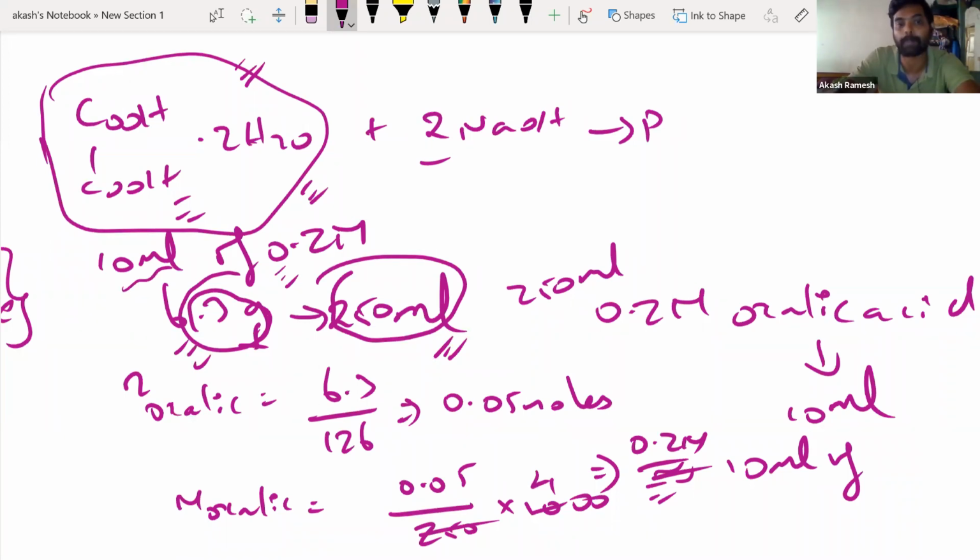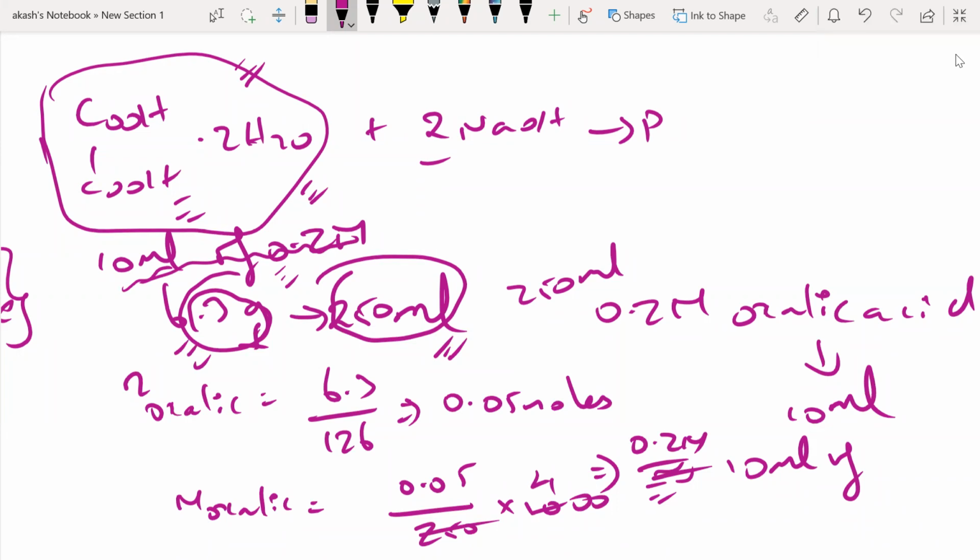So it is better to convert this into molarity. We can say that 250 ml of 0.2 M oxalic acid is there, out of which only 10 ml is taken. So what we need for a titration is this 10 ml of 0.2 M oxalic acid. Now you understand why we are calculating molarity?